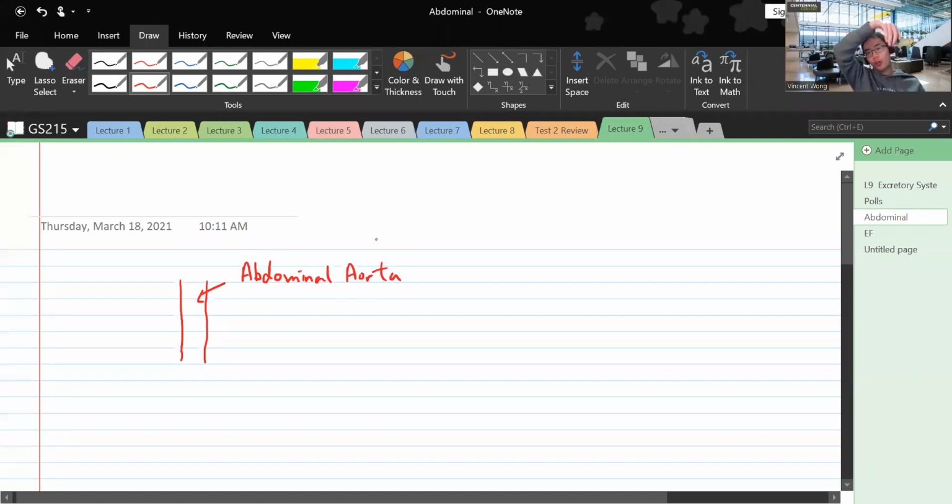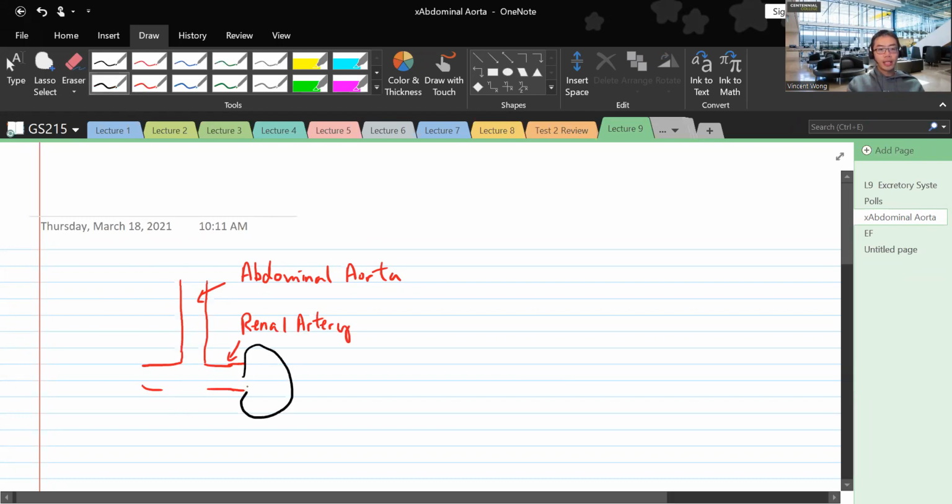Which is the one that arches on top of the heart and then goes backwards and down through your diaphragm, and then after passing through the diaphragm, the abdominal aorta is going to branch into the renal artery. And each renal artery will feed into your kidney.